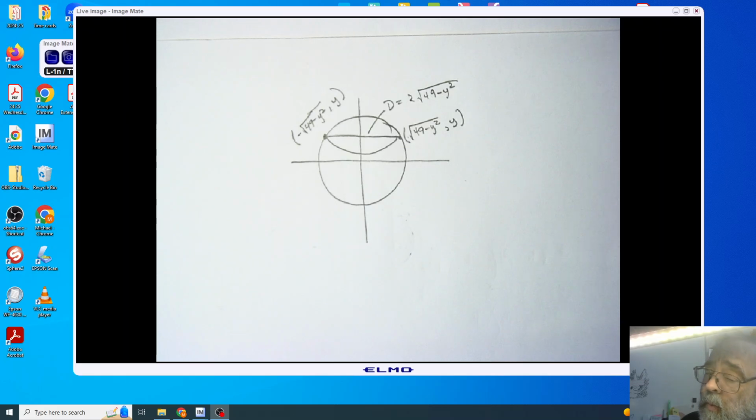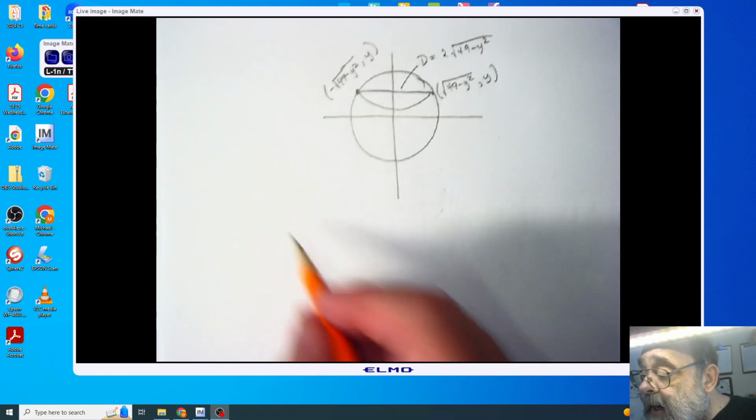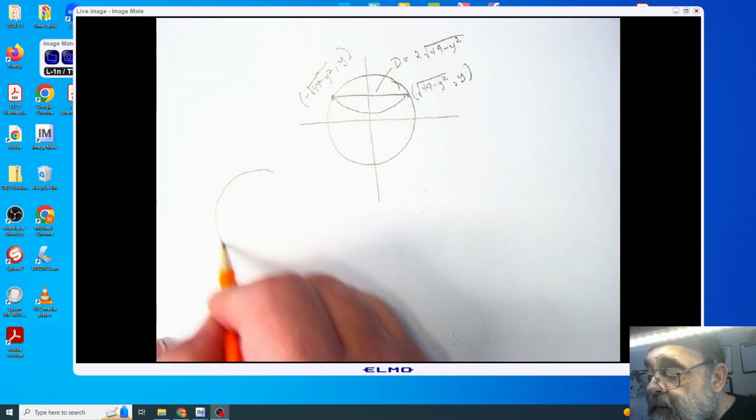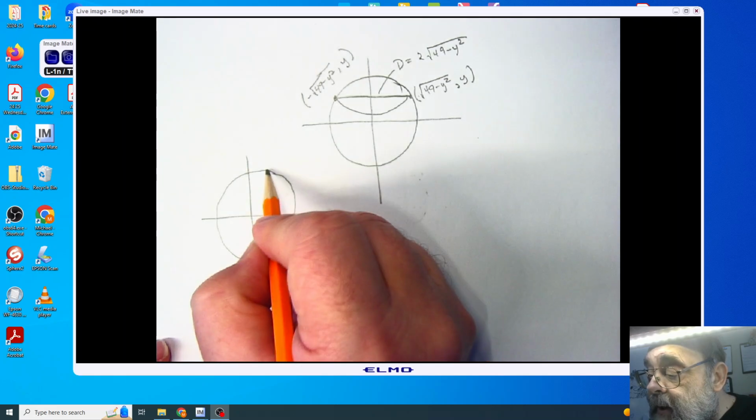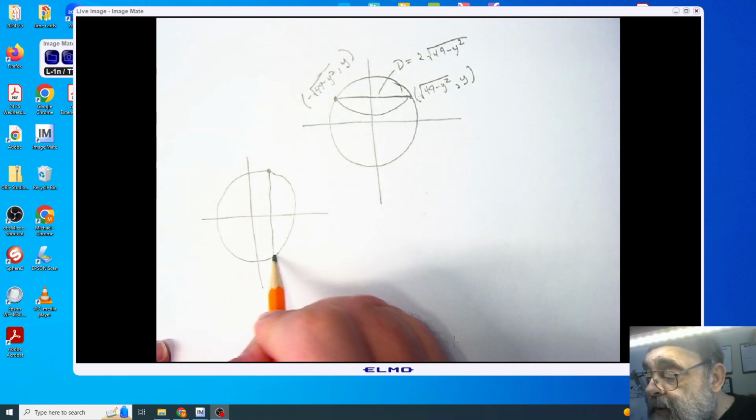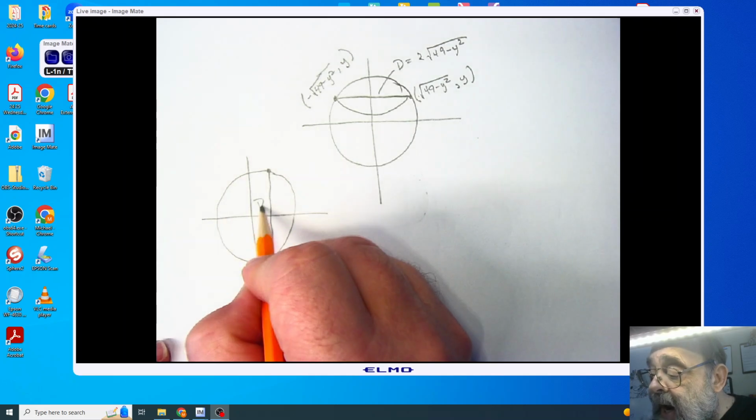Now please be aware, if you had decided to use the x-axis, it's still a circle, still symmetric, and if you do this, you get the same diameter.